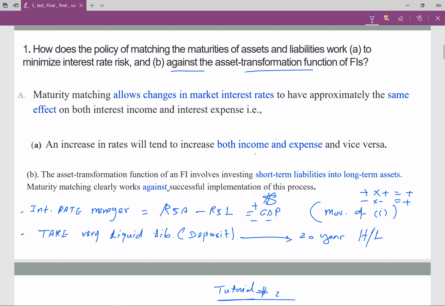So they want to go with the asset transformation issue, which is the issue that serves the economy. These guys say no.